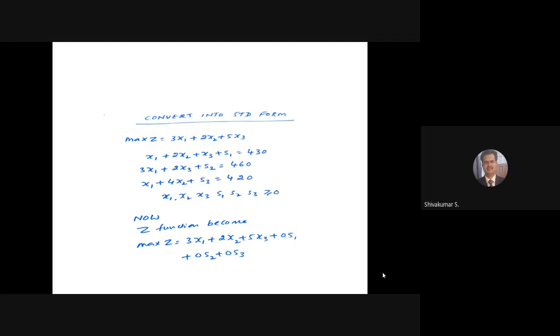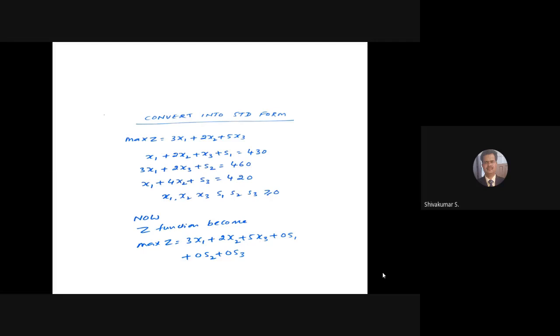Because you have introduced the slack variables to the constraints, the z equation also changes. So the z function becomes maximum z is equal to 3x1 plus 2x2 plus 5x3 plus 0s1 plus 0s2 plus 0s3. That is converting the LPP into standard form.